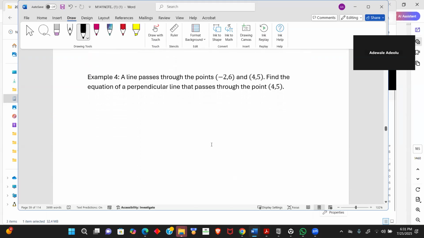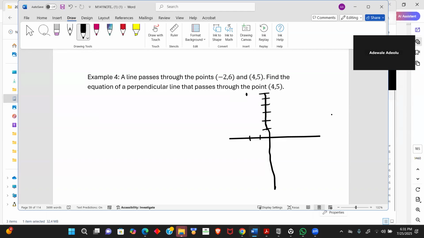Another example, a line passes through the point. You don't need to draw, but let us visually see that. A line passes through the points -2, 6, and 4, 5.